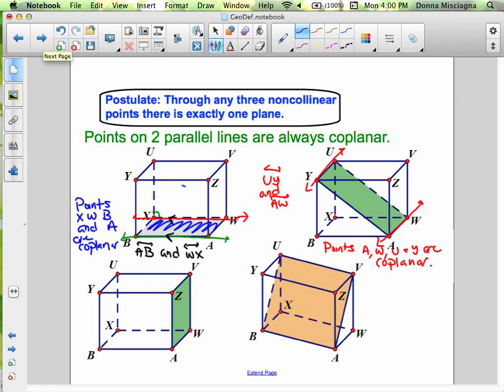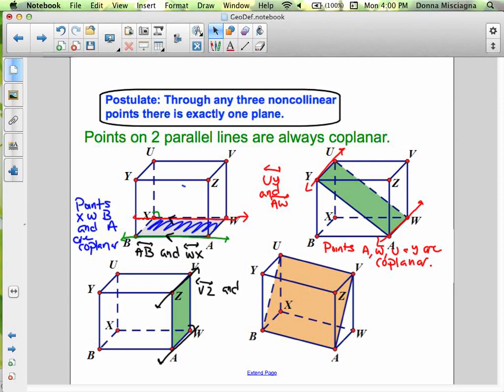We have some more parallel lines. All right, so here line VZ and AW are parallel. In our last picture, UY and AW are parallel.